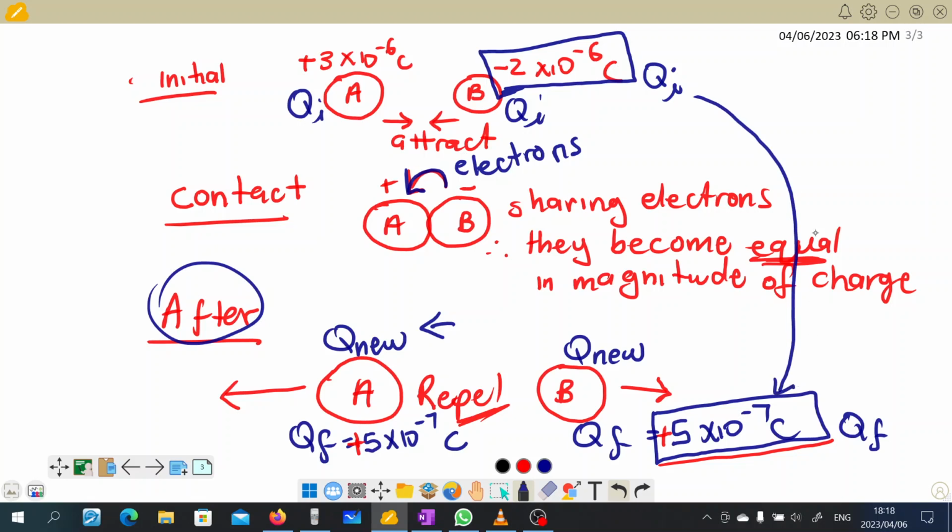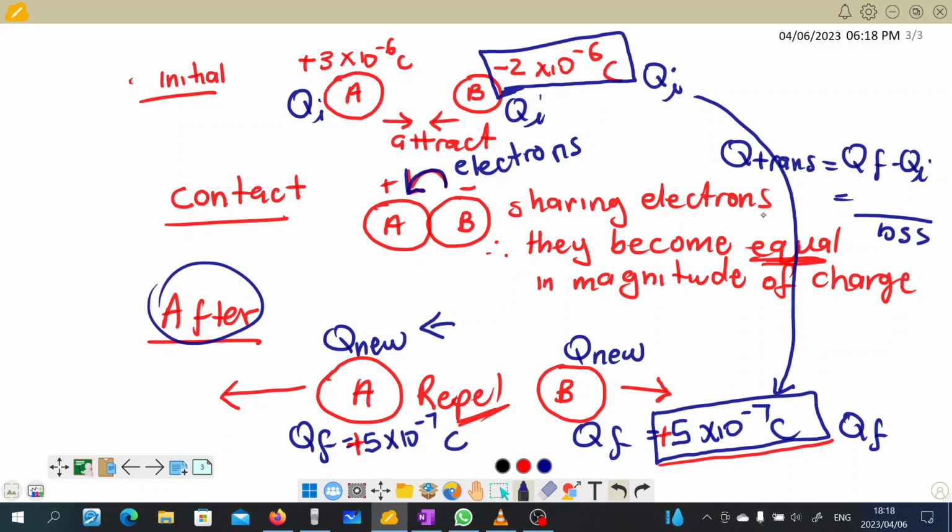What is Q transferred of B? How much did B lose? Q final minus Q initial. We need to know how much B lost from the contact it has with A.